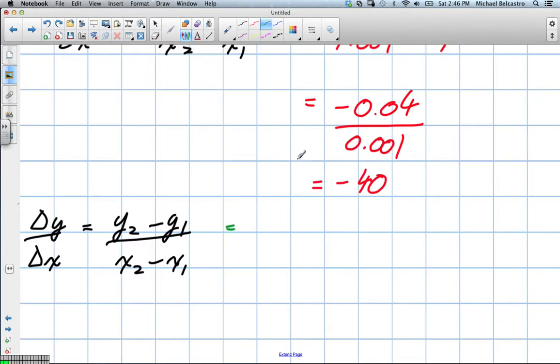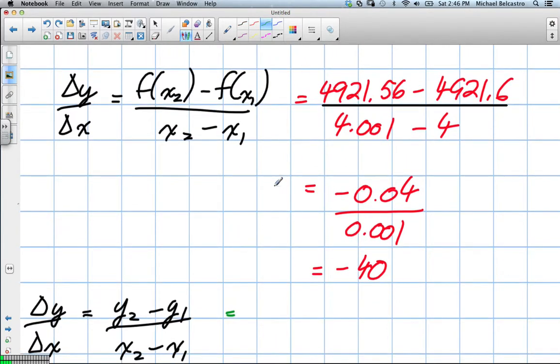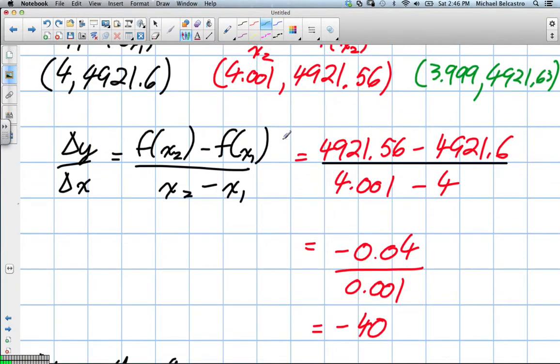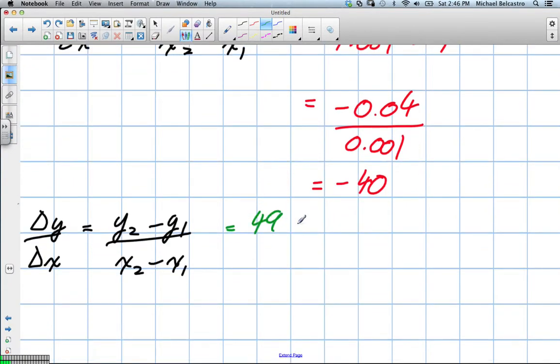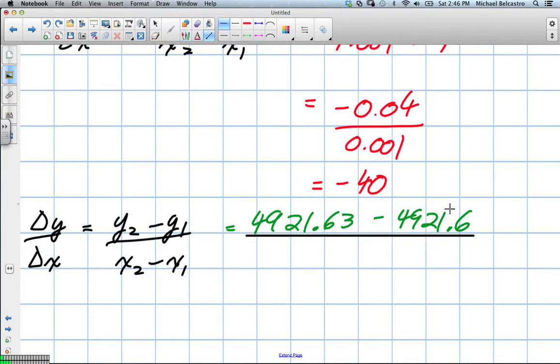So for preceding, y2 happened to be 4921.63 minus 4921.6, and all of that was divided by 3.999 minus 4. Oops, it's a lot of stuff to write as we go through.